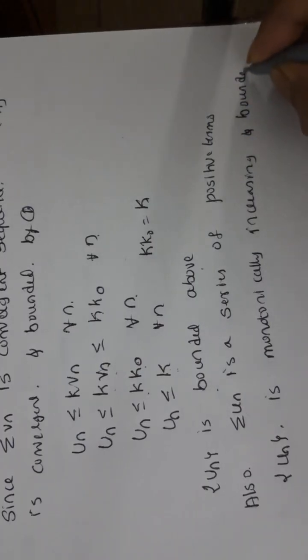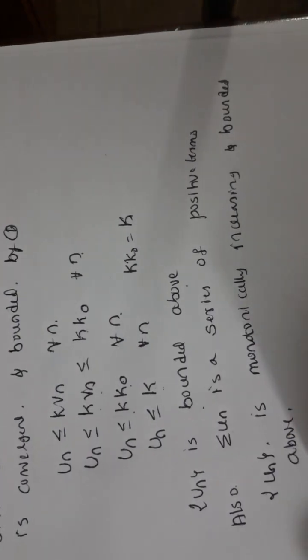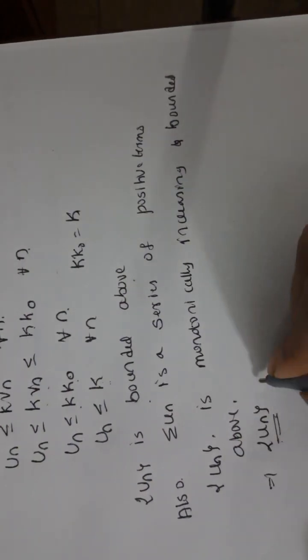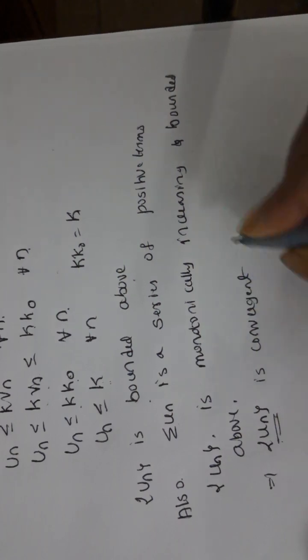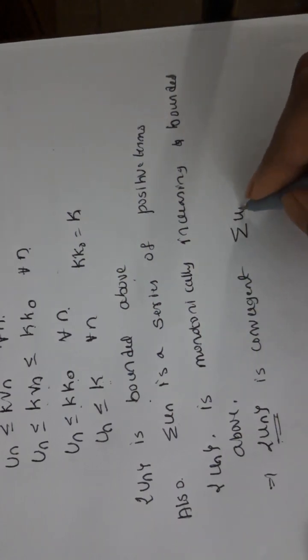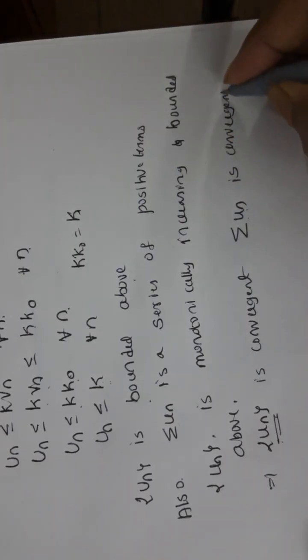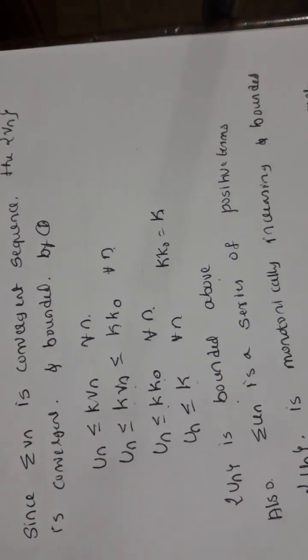We know one of the properties: if any sequence is monotonically increasing and bounded above, then that sequence is convergent. So the sequence un is convergent. If the sequence un is convergent, then the series of the sequence un is also convergent.